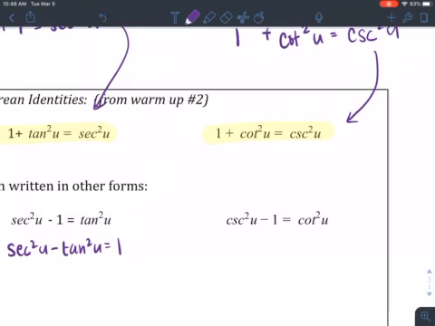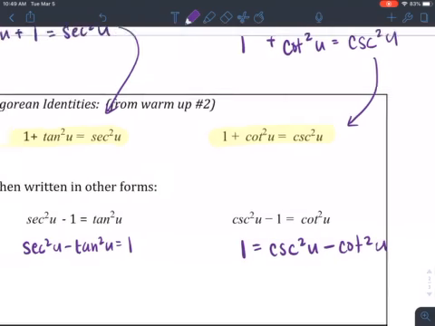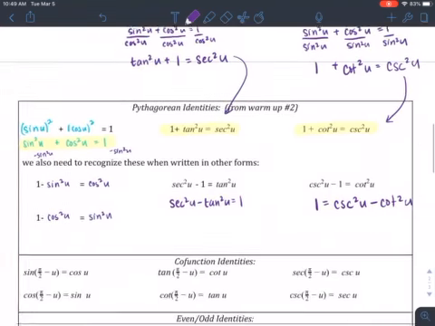So this one we subtracted 1 from both sides. Let's go ahead and write this as 1 equals cosecant squared u minus cotangent squared u. I really highly recommend that you write down all the different rearrangements of these equations. It helps a lot.